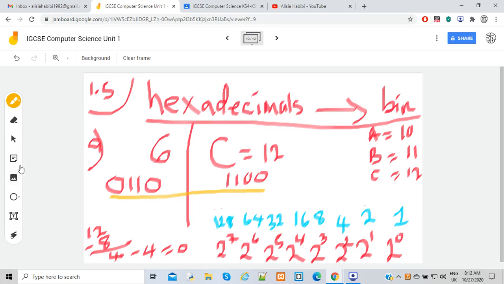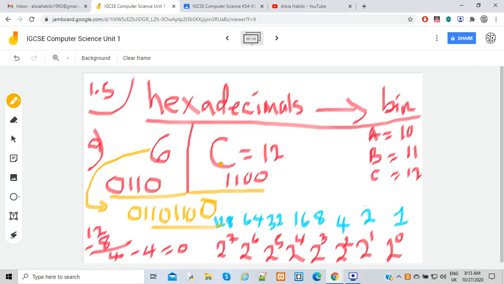Looking from left to right again, we get 0, 1, 1, 0, and then we have 1, 1, 0, 0. So this is our final answer, guys. This is our answer for question 6C of how we convert hexadecimal into binary.